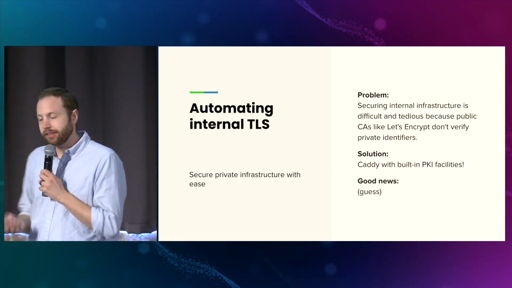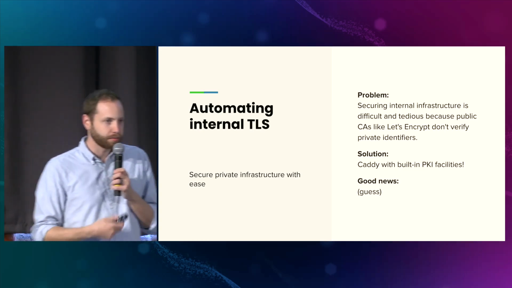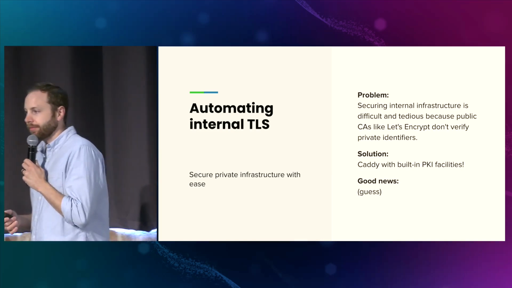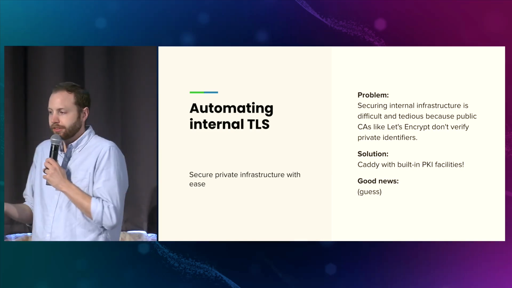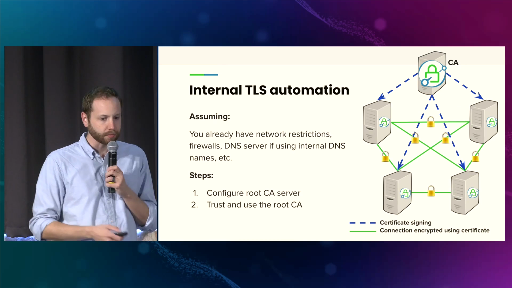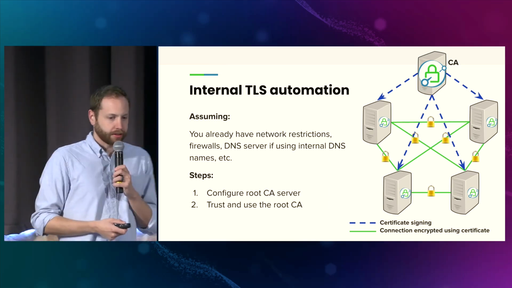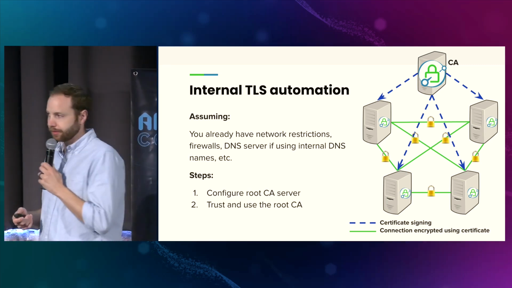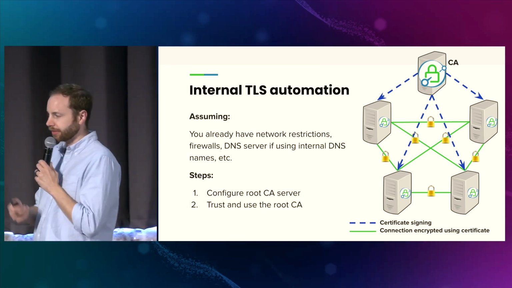But the good news is that Caddy comes with built-in features for this, and you don't have to do anything special to get this because it comes with API Platform. So the way this works is you'll set up a server, a Caddy instance or FrankenPHP, but all you need really is Caddy for this.